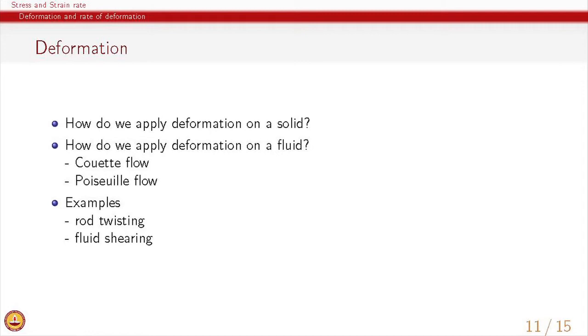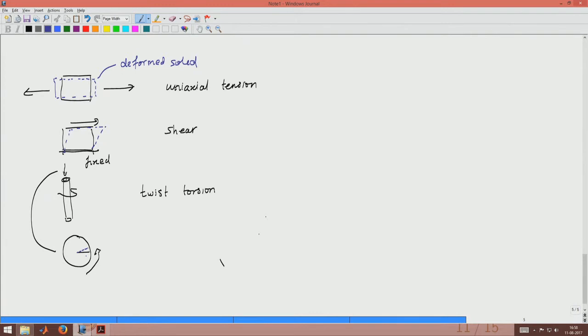Of course, sometimes we apply a fixed deformation and then measure the amount of force needed for that deformation. Some other time we apply a force or a stress and then we see how much deformation there is in the solid. Now, similarly, how do we apply deformation to a fluid? There are two broad classes of inducing deformation in the fluid, and both of these are useful as far as rheological techniques are concerned.